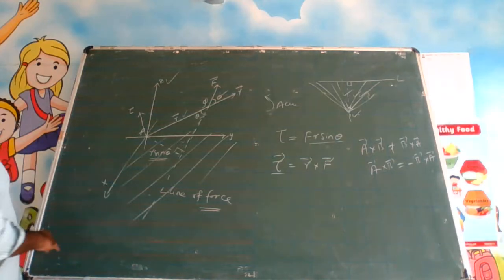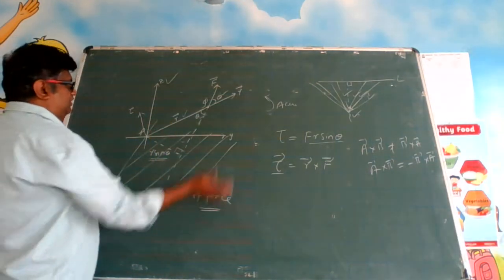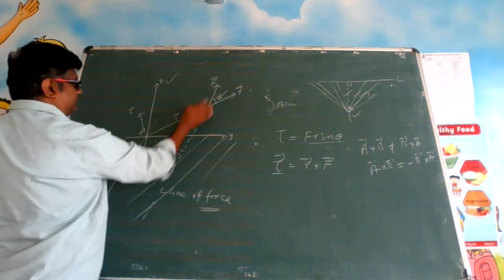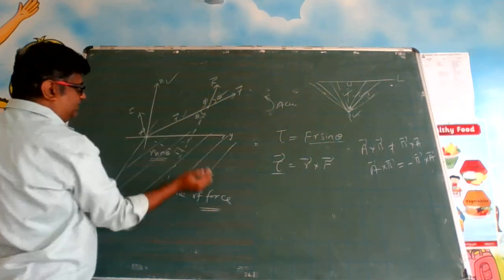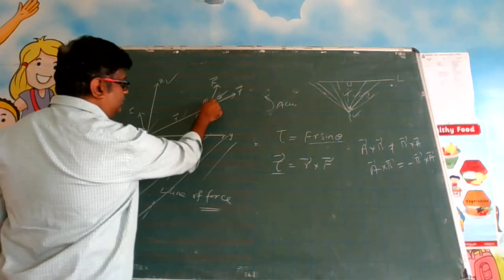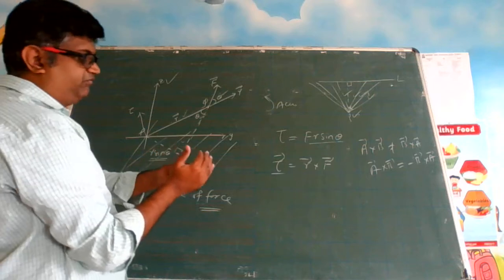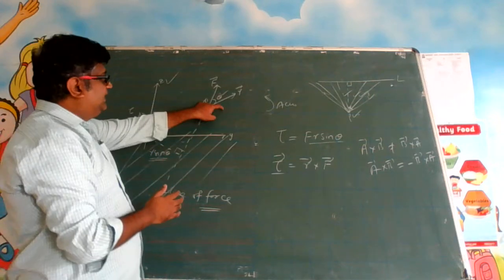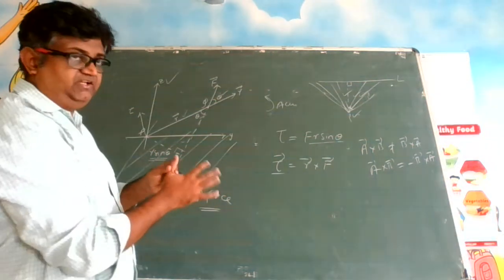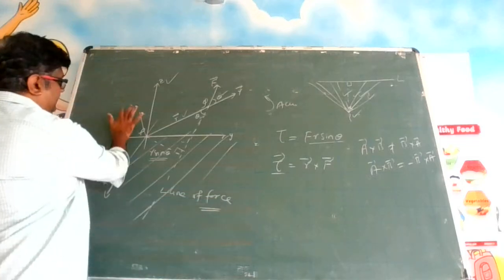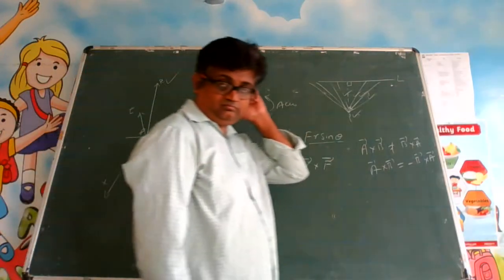Again, I am repeating: curl your fingers from R to F. So this is R, this is F. If you do it like this, you will be able to curl your fingers. This curling of fingers should represent the angle between these two. Then obviously your thumb will indicate the direction of torque.